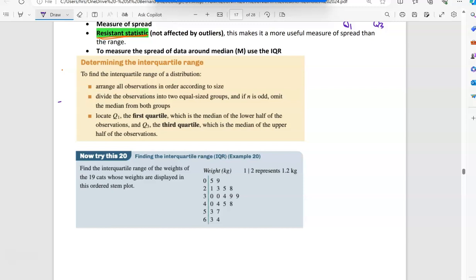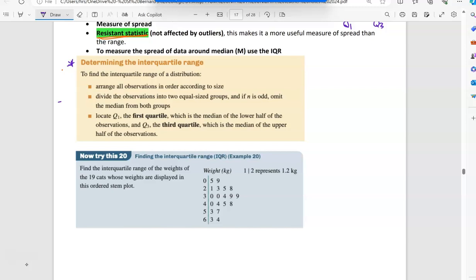So let's have a look at the rules to do the interquartile range. First, you have to arrange them in order from smallest to largest, and they often are displayed to us like that. If we've got a dot plot, a histogram or a stem and leaf, they already are ordered. Now, you're going to divide the data into two equal groups.